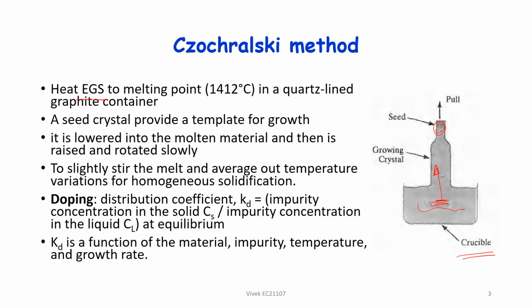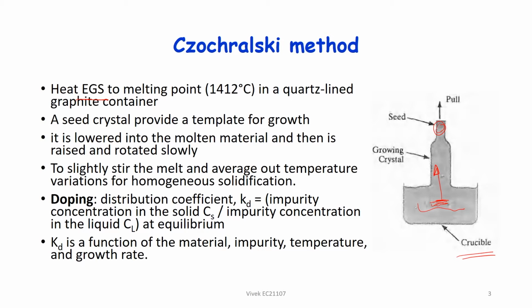While it is solidifying, it basically arranges itself in such a way that it follows the pattern of the crystal. So what we get is a single crystal silicon rod. So this becomes a big rod. Usually it is quite long, quite heavy, bulky.